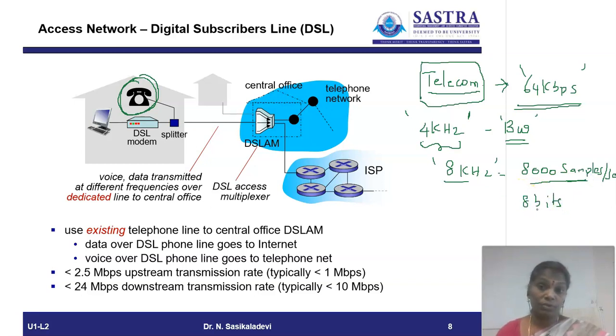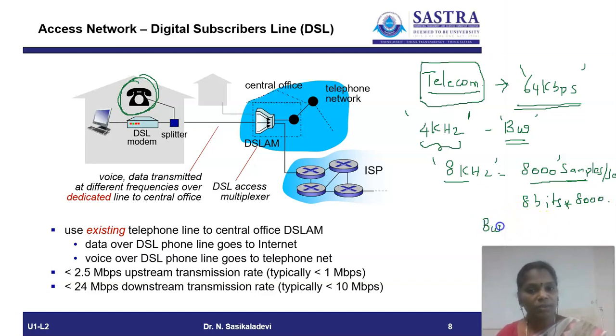But if you are using Dolby or any high audio quality data, then one sample can be 64 bits, or sometimes 128 bits also. But for simple telecommunication, audio communication, 8 bits is enough to represent the sample. So totally how many samples to be taken? 8,000 samples, 8 bits per sample, in each and every second.